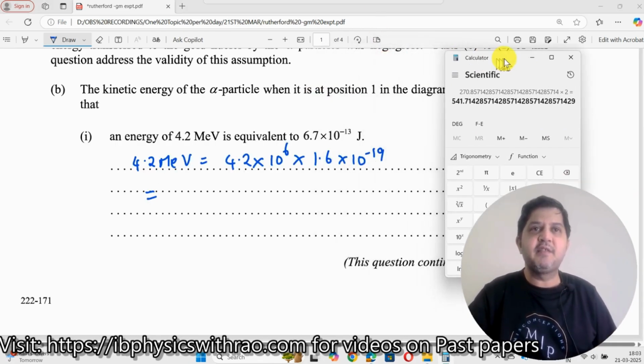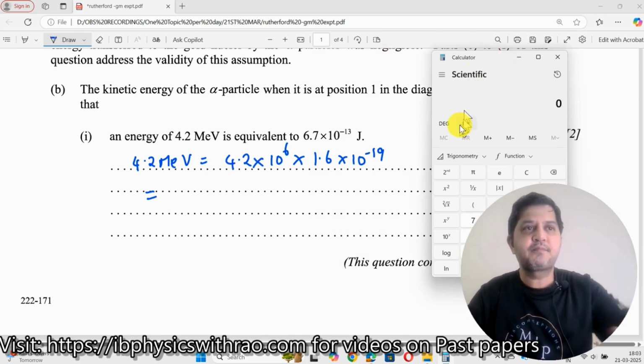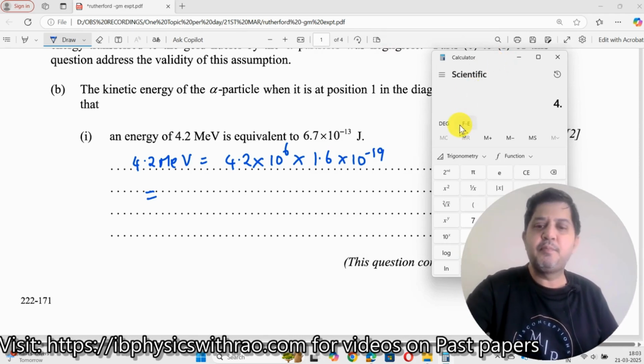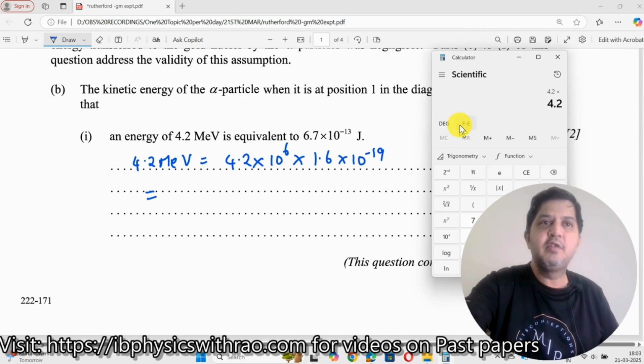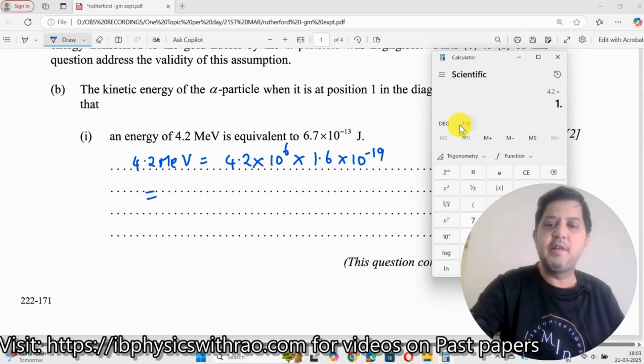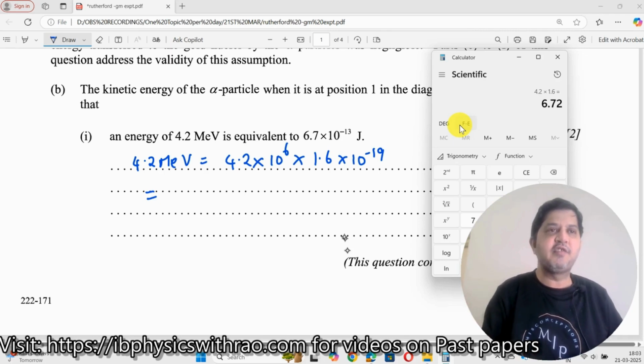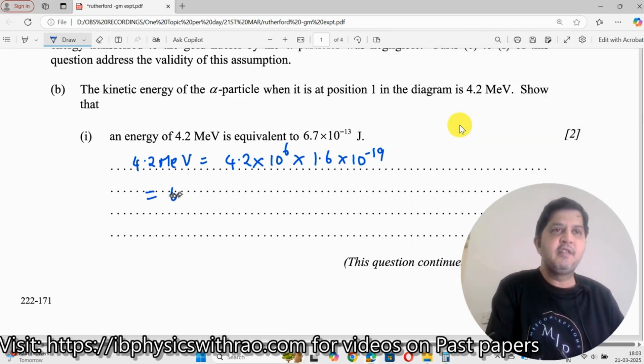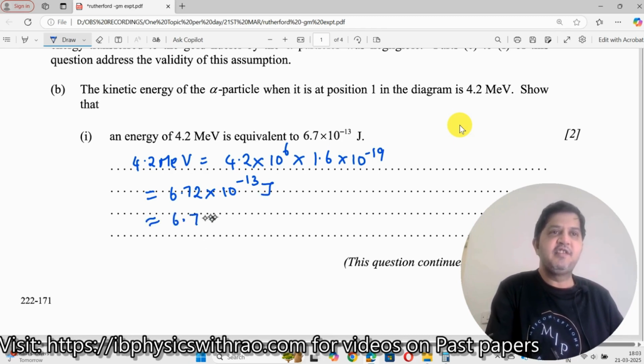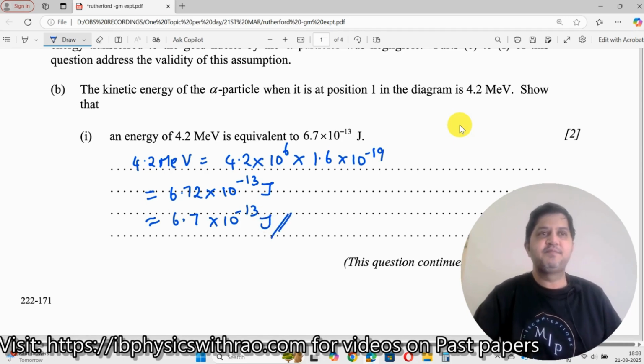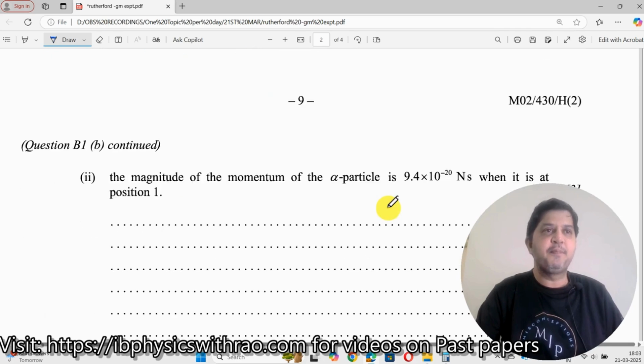Let us calculate that. 4.2 multiplied by 1.6 is equal to 6.72. 6.72 multiplied by 10 to the power of -19 plus 6 is 10^-13 joules. So this is nearly equal to 6.7 × 10^-13 joules. Right? Okay, let us move on to the next question.